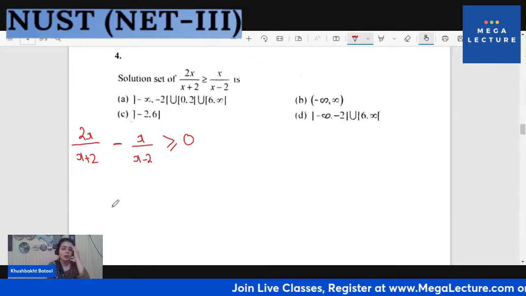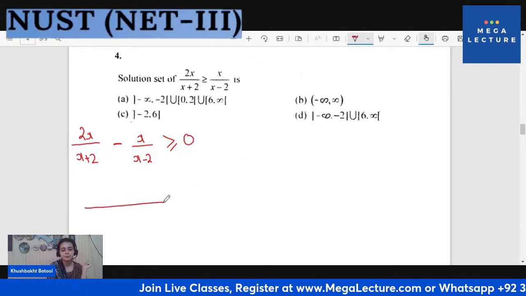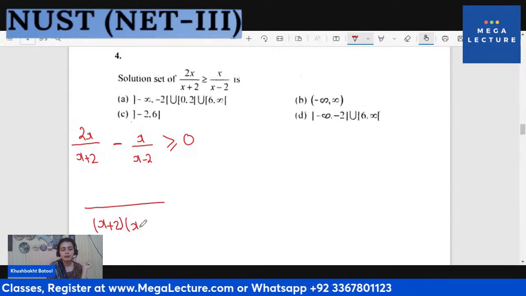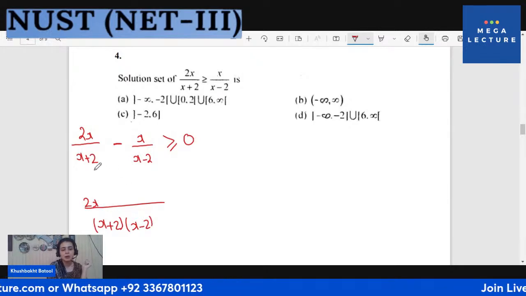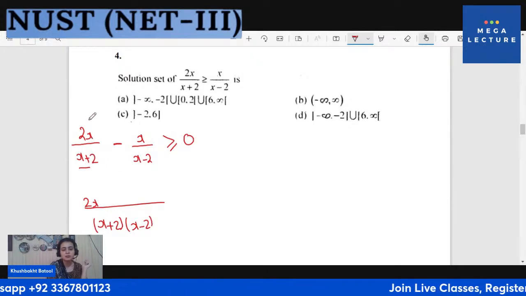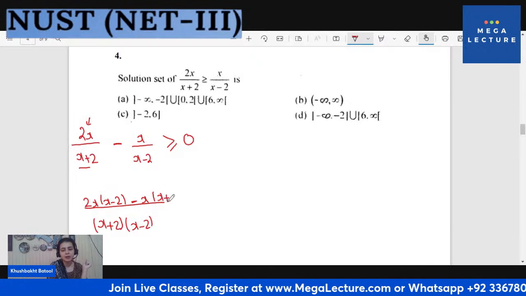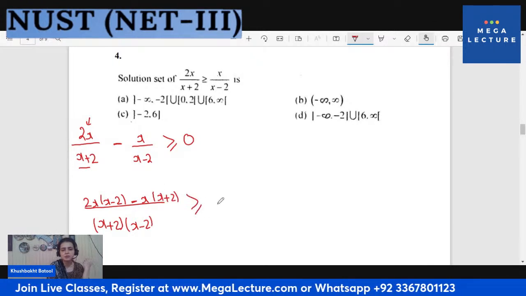Now I will be taking the LCM. So this would give me x plus 2 and then x minus 2. We have 2x there, so I will be multiplying it with x minus 2. Then we have minus x, and it would be multiplied by x plus 2. It's simple LCM stuff.